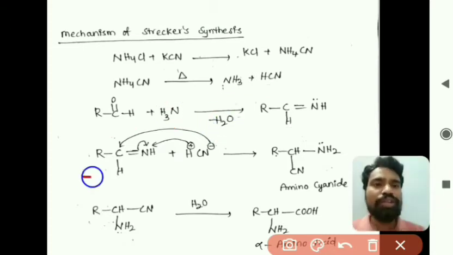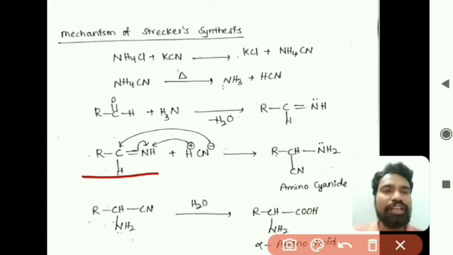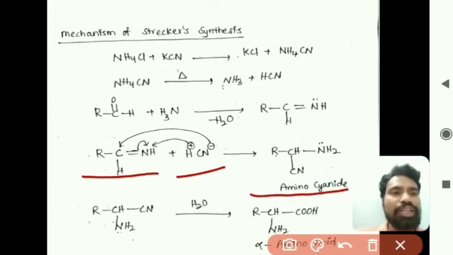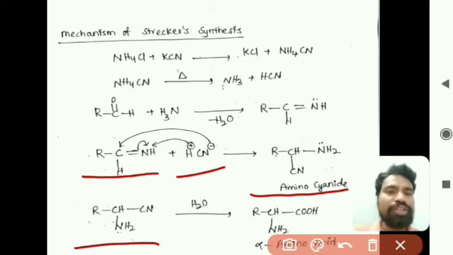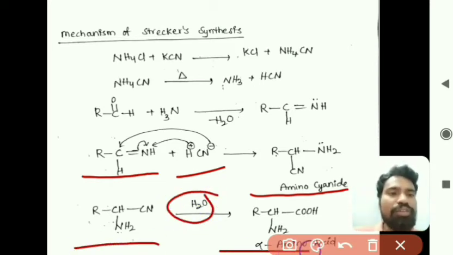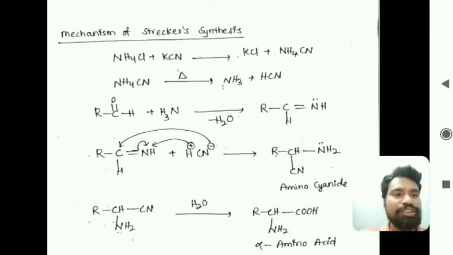The imine then reacts with hydrogen cyanide, so that we get amino cyanide. This amino cyanide upon hydrolysis will give the alpha amino acid. So this is the reaction mechanism of Strecker synthesis.